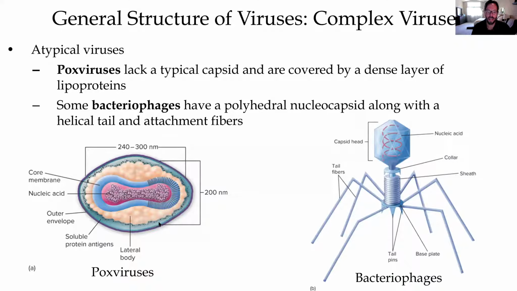And remember, they don't make lipids, so this has to come from the host. What is the structure of HIV? Does it have a lipoprotein membrane? No, it doesn't. And we'll get into HIV on Wednesday or Tuesday. But no, it does not have a lipoprotein.